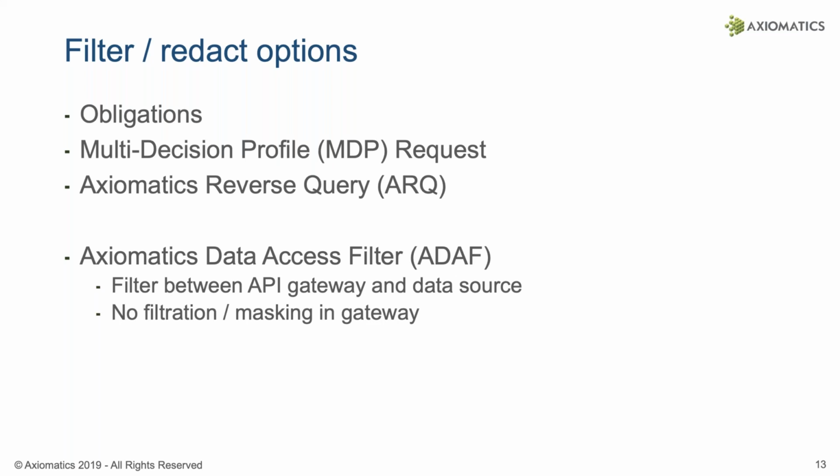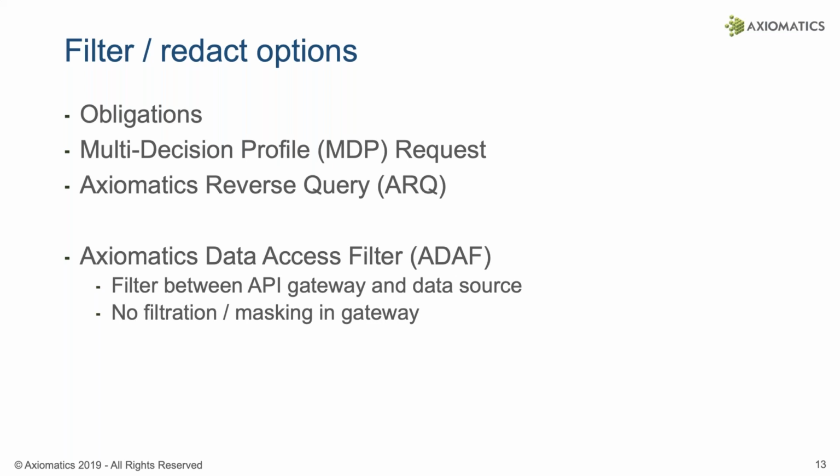They work pretty much the same way, although advice does not have to be acted on by the enforcement point, whereas obligations you do. The second thing is the multi-decision profile request, also known as the MDP request. This is a way of sending multiple requests in one go.